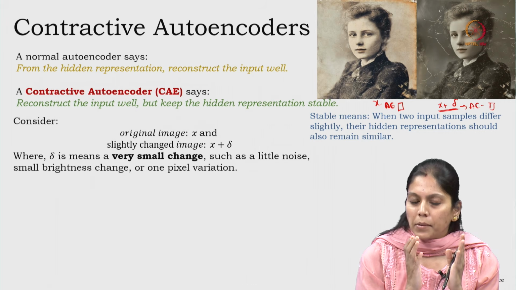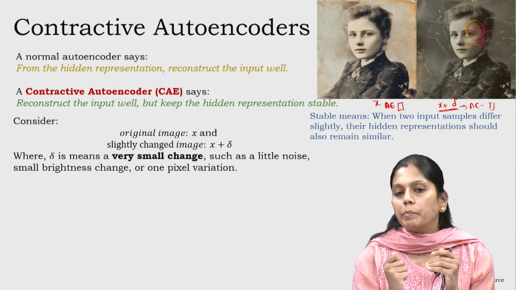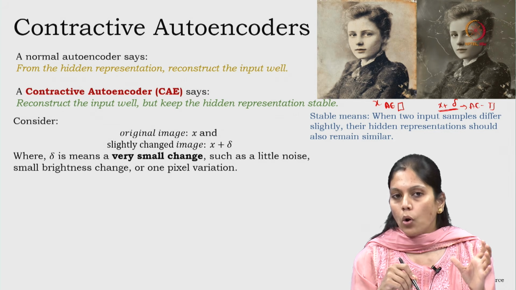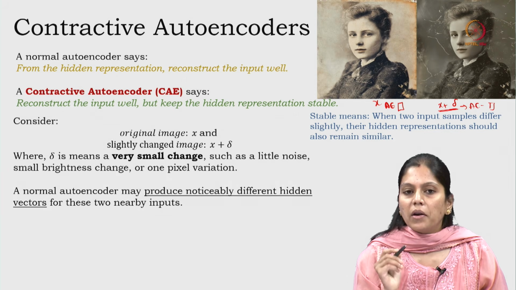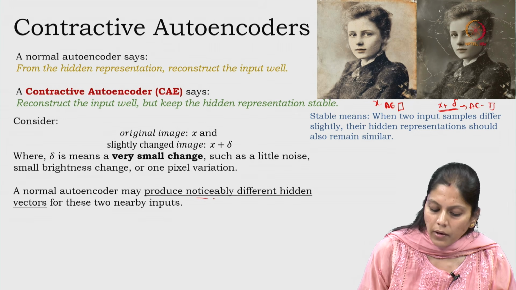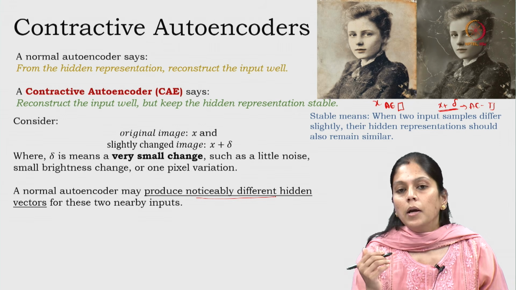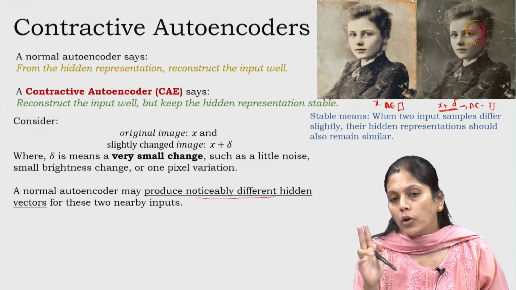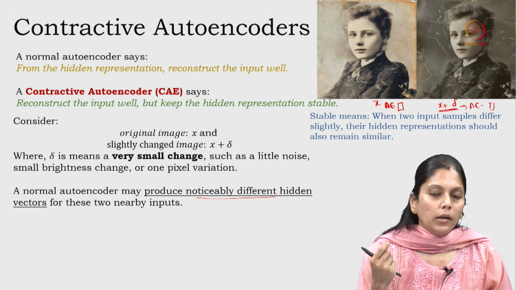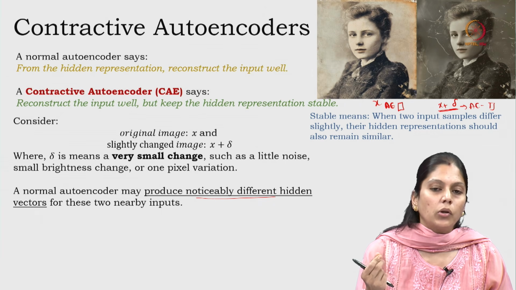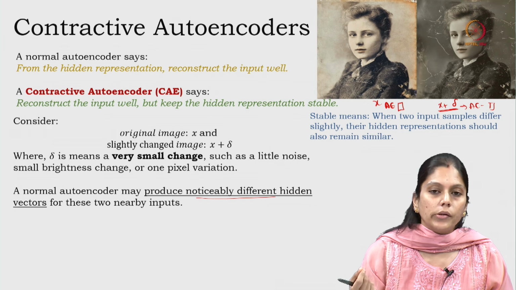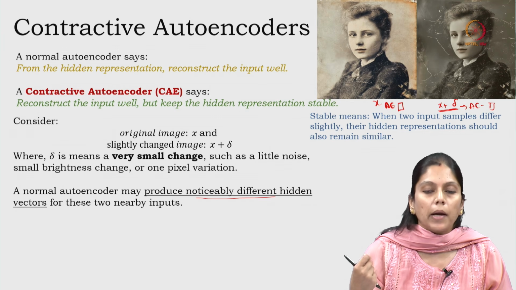That compact representation is what is the hidden representation or the latent representation. When we look into an autoencoder, there will be some difference between the hidden representations when you pass these two as input. But the difference is only with respect to a small change. That change is either due to noise or it can be due to a change in the brightness.